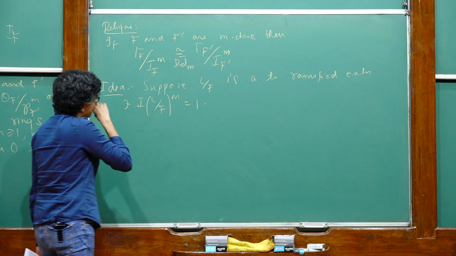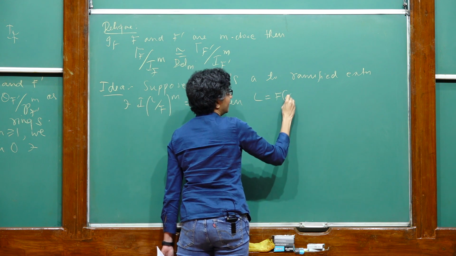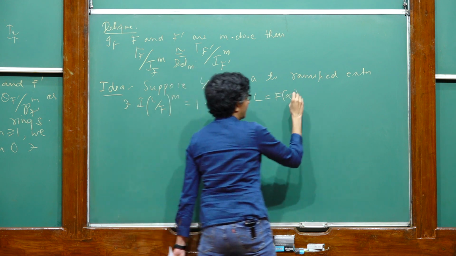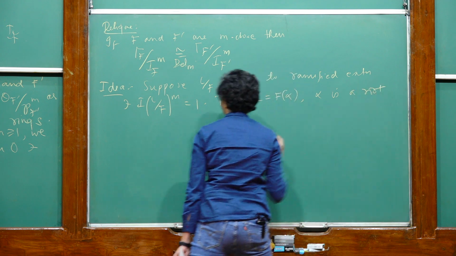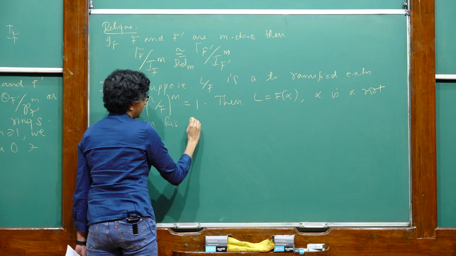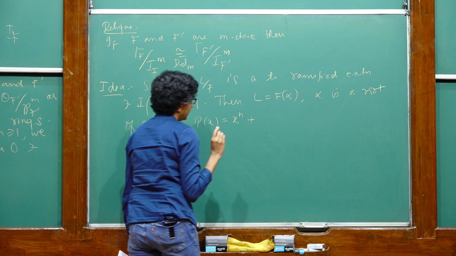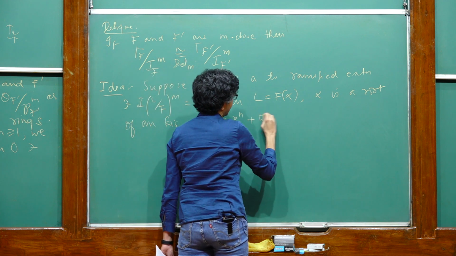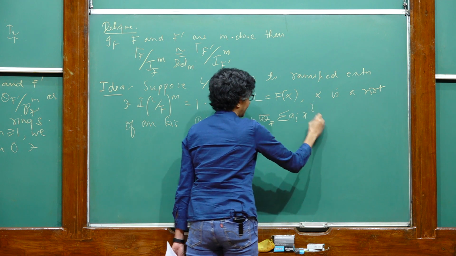Then L is F(alpha), where alpha is a root of some Eisenstein polynomial P(x), which is x^n plus omega_F times some sum of a_i x^i.